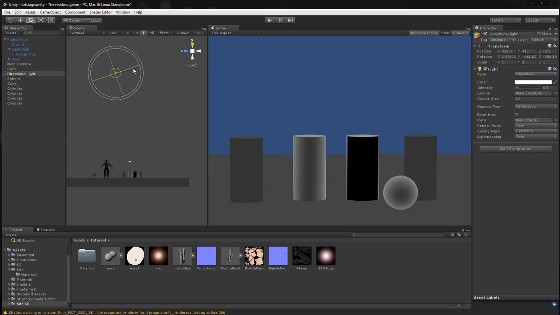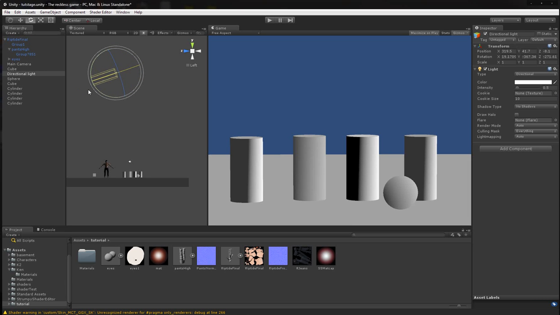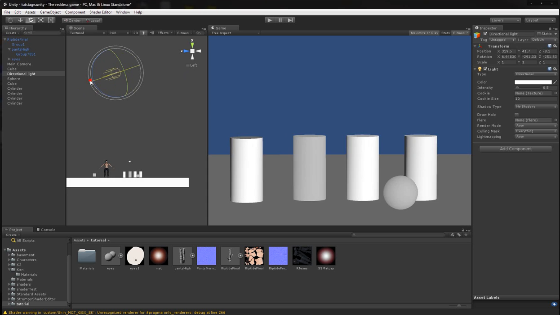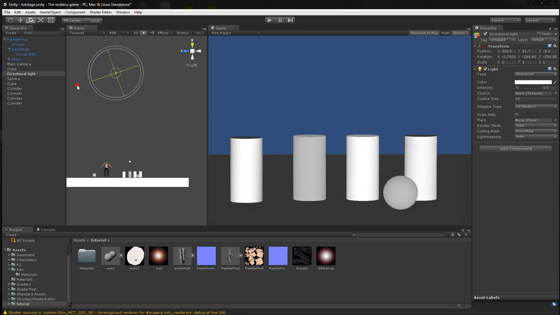So basically, half-lambert is just taking the fall off and then stretching it out to an extreme. So it's not physically accurate. It deals with the fall off problems, but it doesn't quite look right.